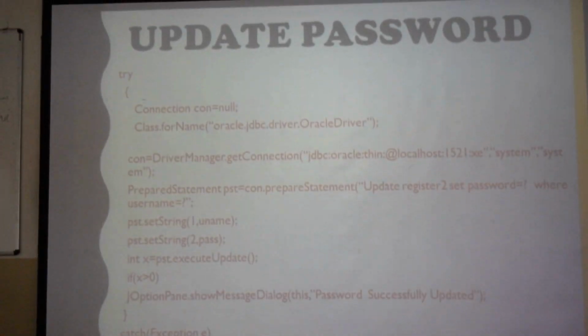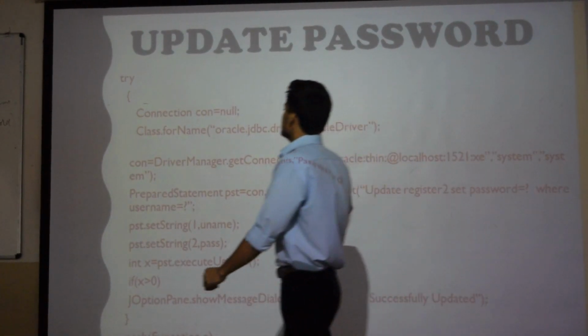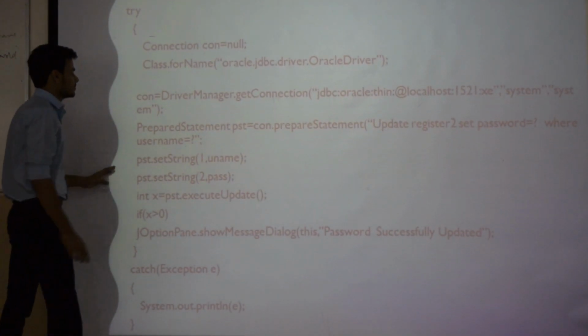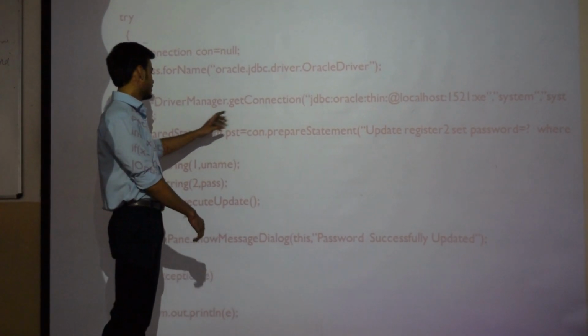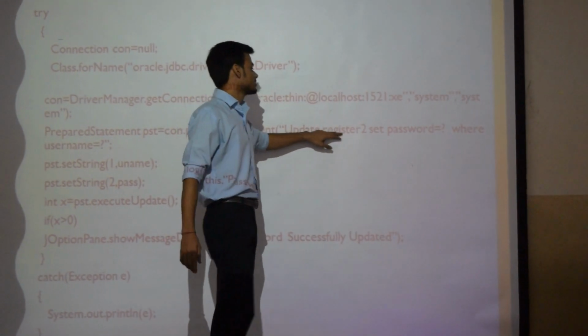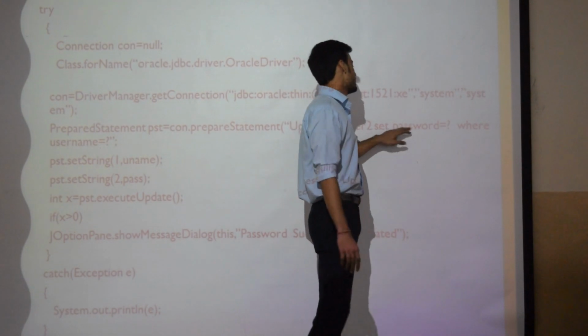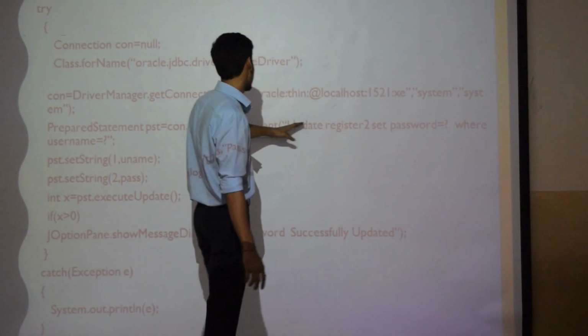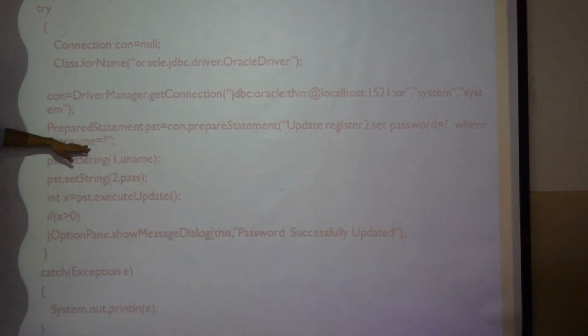Now the second one is update password. In this, everything is the same as the previous one. The only difference is in the SQL command. The SQL command would be update register, the name of the table, set password equals question mark, the placeholder, where username equals question mark.